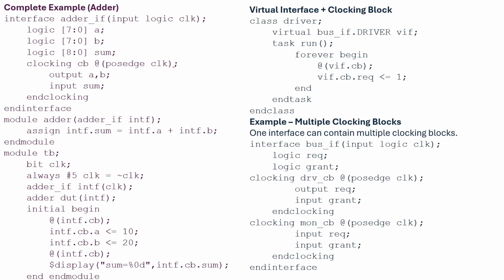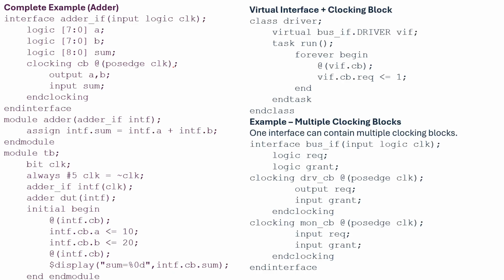See, virtual interface with clocking block. Same thing, I can represent the virtual interface. Multiple clocking blocks, like a driver clocking block and a monitor clocking block, we can represent in modports. Just as in modports we represent driver with input request and output grant, instead of that, in the clocking block we write driver CB, DRV CB.